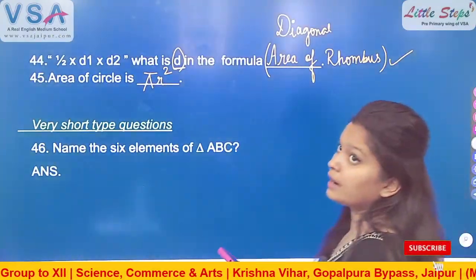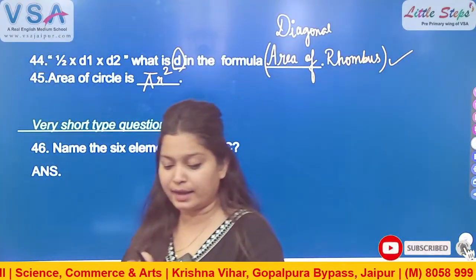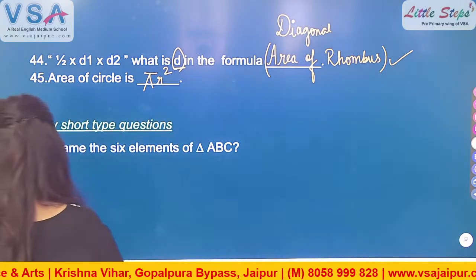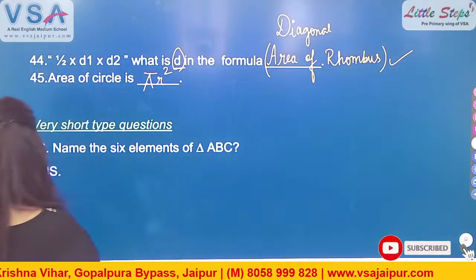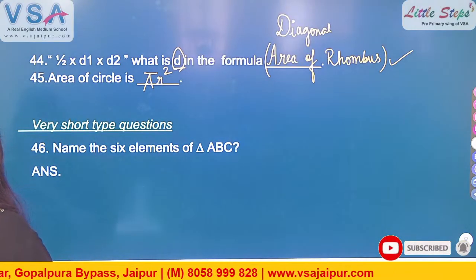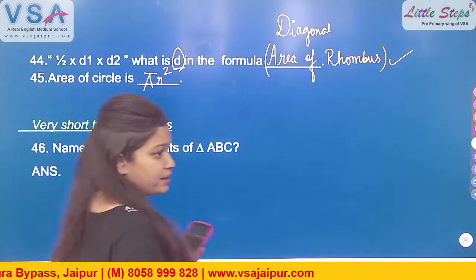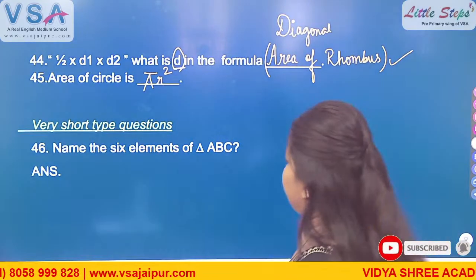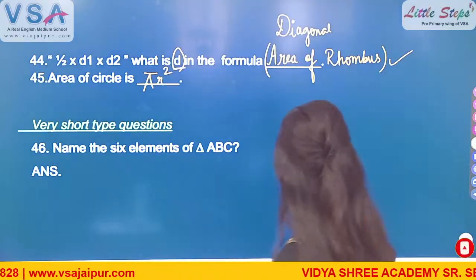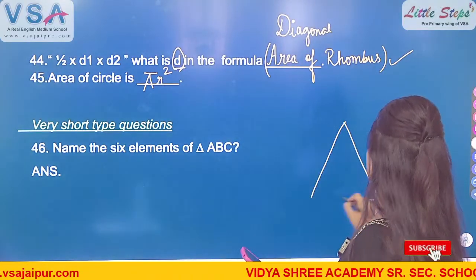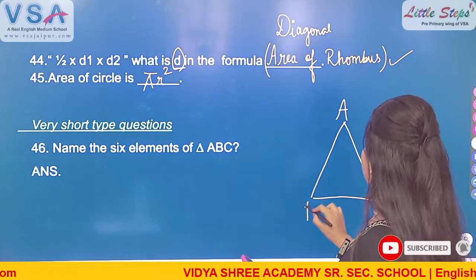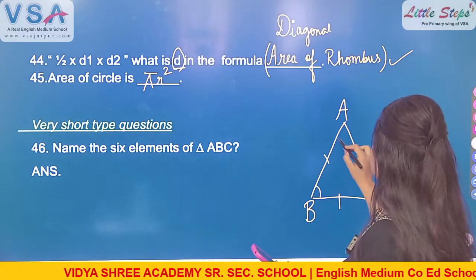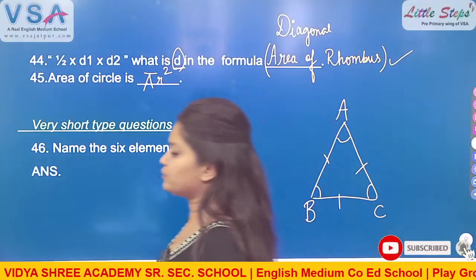We are done with our MCQ part, fill-ups part, and now we are starting very short type questions. Clear? So in this, what we have to solve the questions in a line or 2-3 steps, or the answer may be in one word also. So we have triangle ABC. This is triangle ABC. Name the 6 element of triangle ABC.